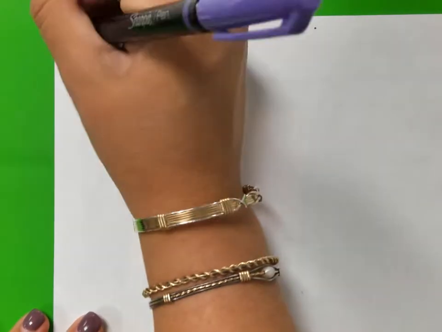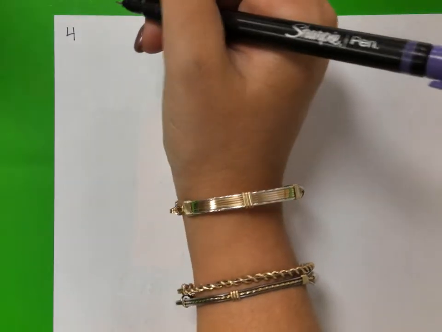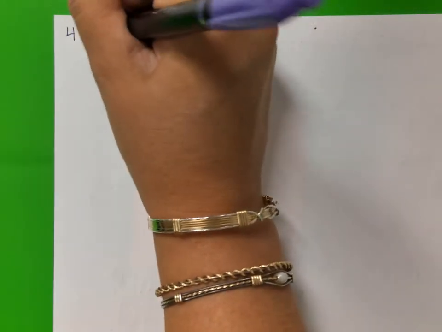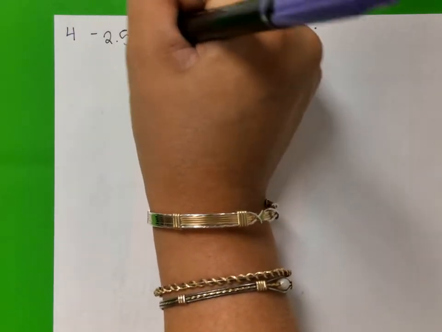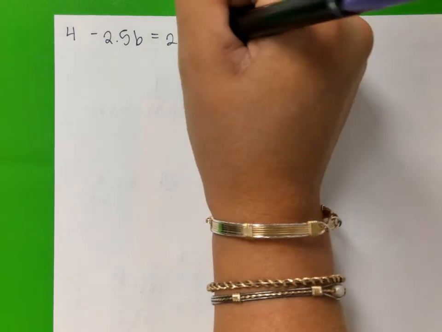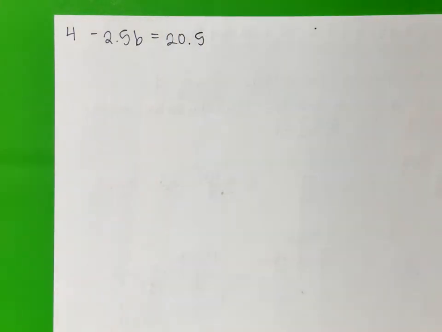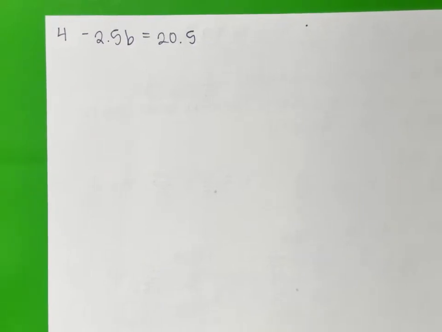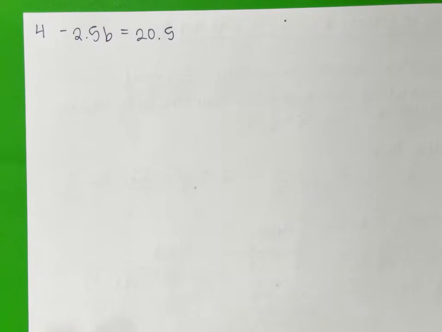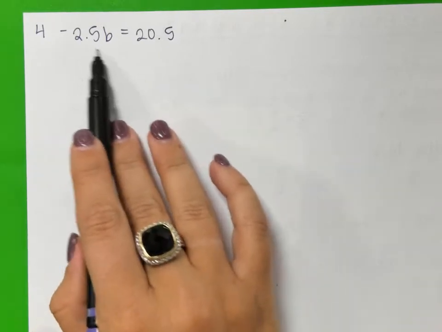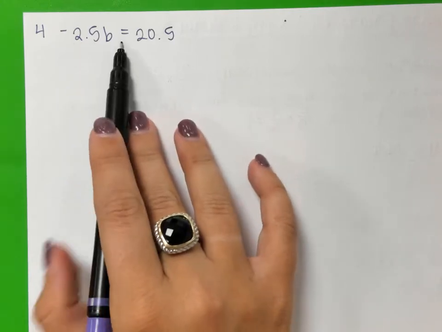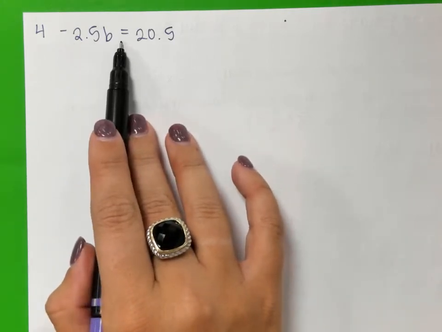Okay, let's look at another example. So say I have negative 2.5b is equal to 20.5. I still want to solve for b. What does this mean right here? That means multiplication, right?